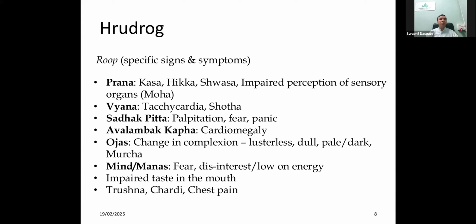Okay, so disinterest or low energy because of lack of morale is seen in Rudrog. Impaired taste in the mouth, Trushna, Chardi, chest pain, these are other signs and symptoms which are seen.